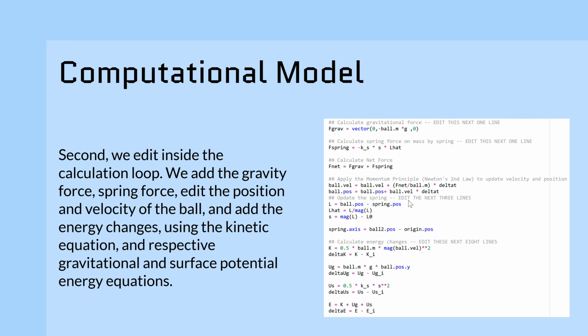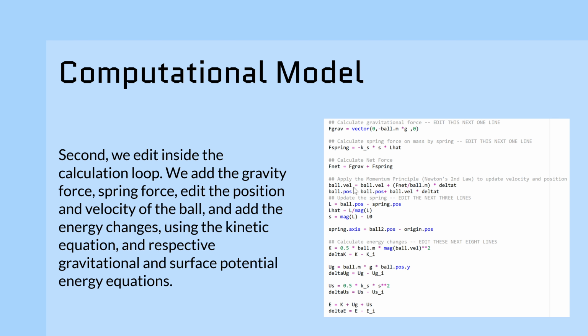We add the gravity force and spring force, edit the position and the velocity of the ball, and add the energy changes using the kinetic equation and the respective gravitational and surface potential energy equations. First we did F-grav, which is negative ball mass times gravity, and then F spring, and F net as our F grav plus F spring, where F spring is found by negative spring tension times S times L hat.